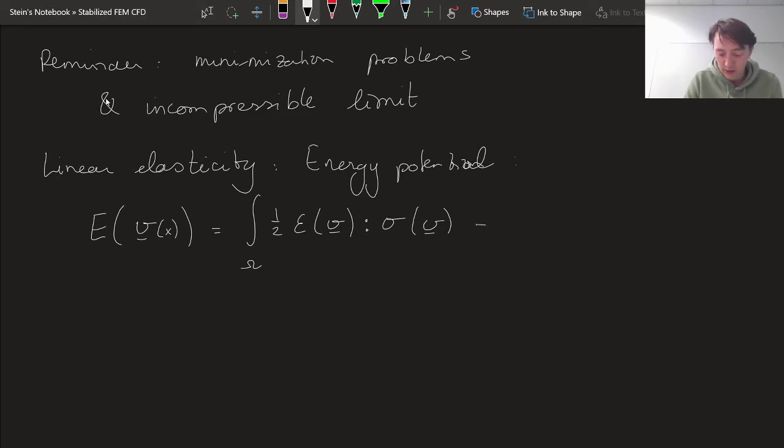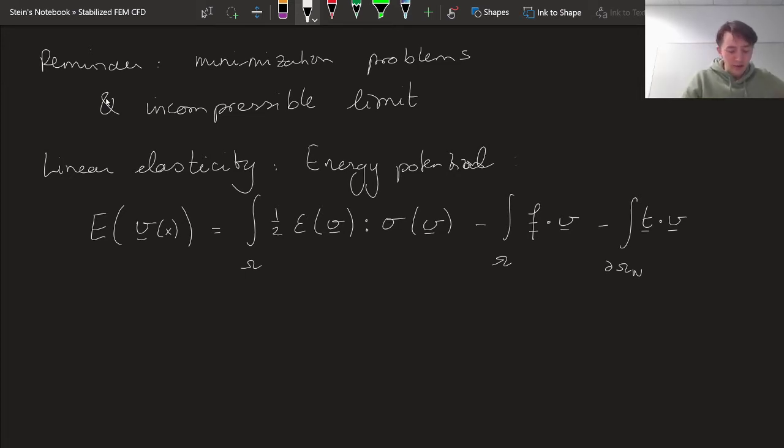And then we have some external loading as well, one of which is a body force, and one of which is an externally applied traction on a subset of our domain, partial omega n. So given any vector valued function, I can obtain what the energy would be according to this energy potential.